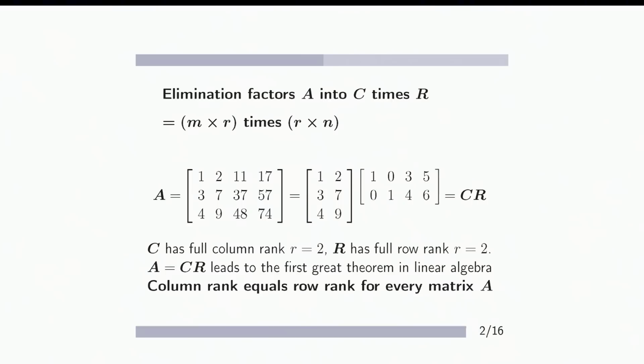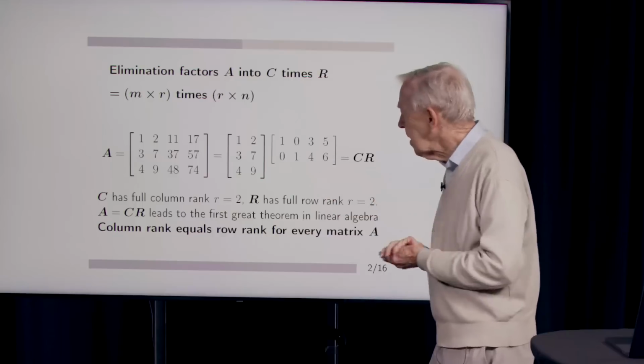This step from the A that we started with to the elimination matrix that we ended with tells me that this original matrix factors into a column matrix times a row matrix, C times R. That'll be the first factorization in the linear algebra textbook. It comes first, and then the great factorizations of linear algebra, like eigenvalues and singular values, are built out of this.